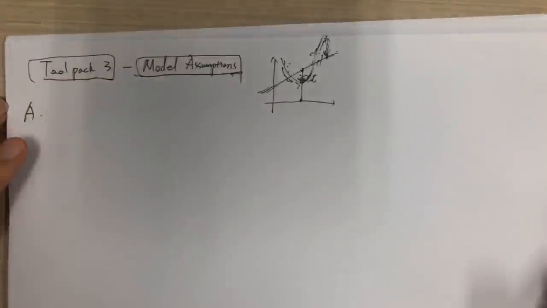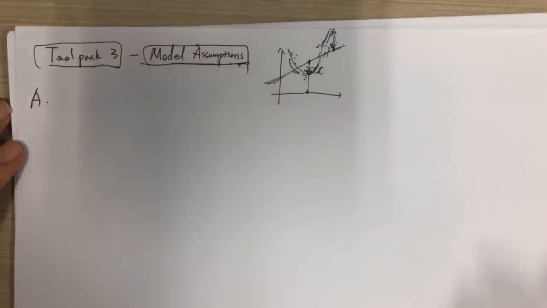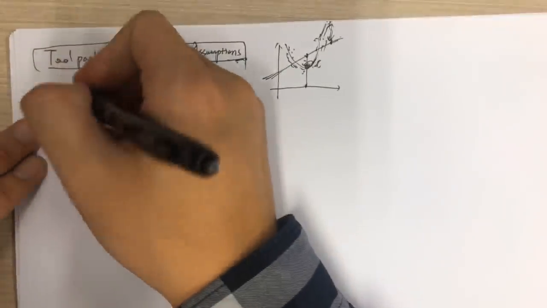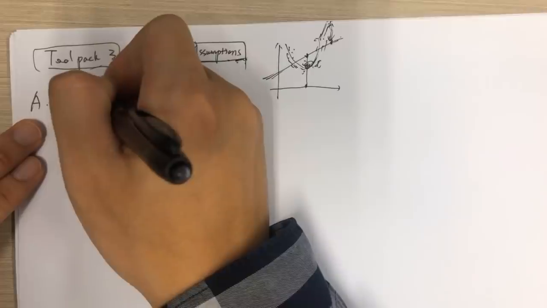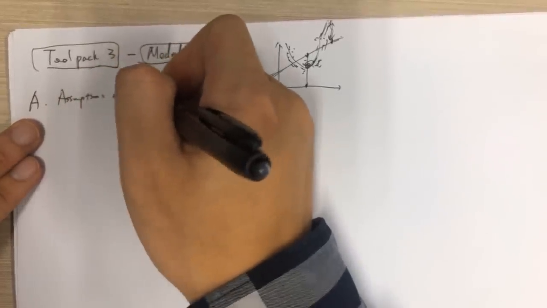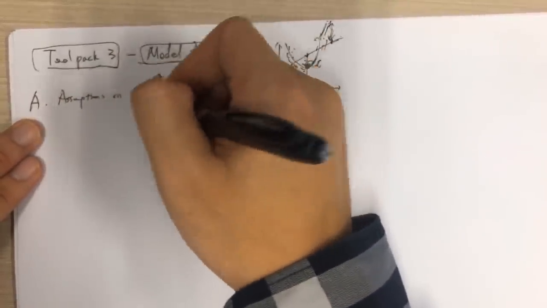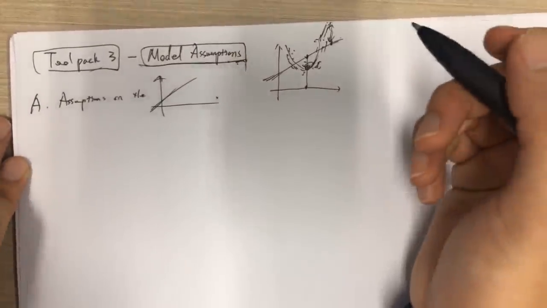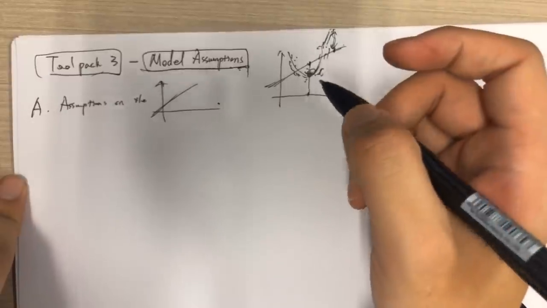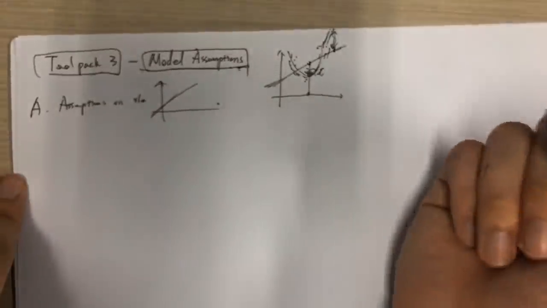So aspect A is the assumptions on the population straight line. I'll just draw the population equation, and there's only one assumption on that, which is no multicollinearity.